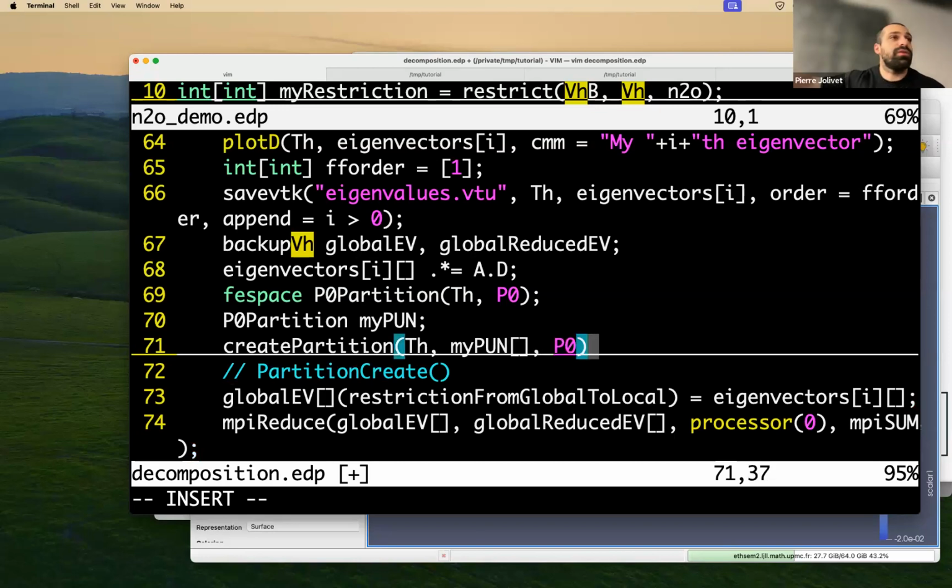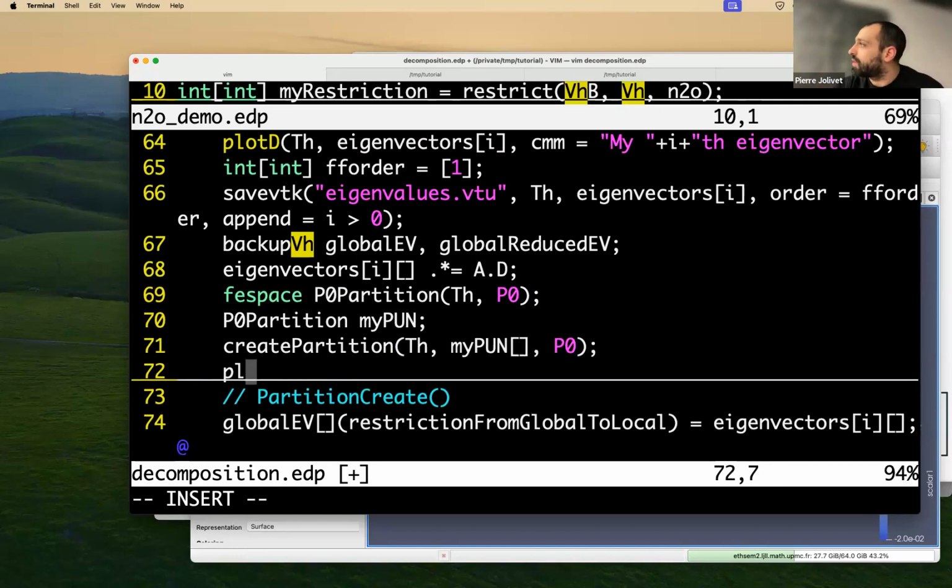So you can do this with P0, P1, P2, whatever you want. And so what we get here is, for example, this one, my Pun, CMM equal partition of unity on process 0. And then we do wait.